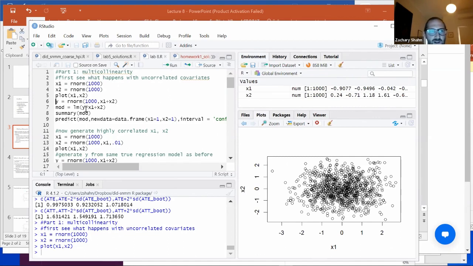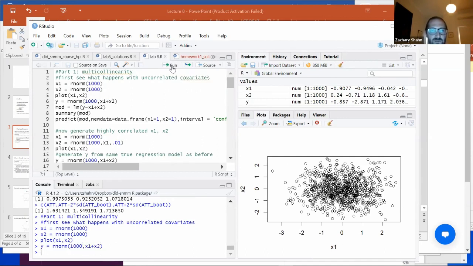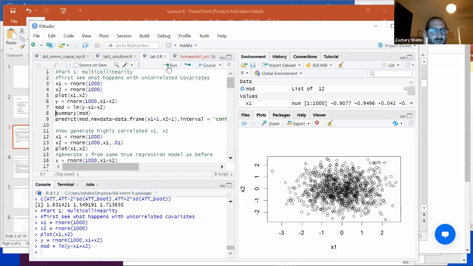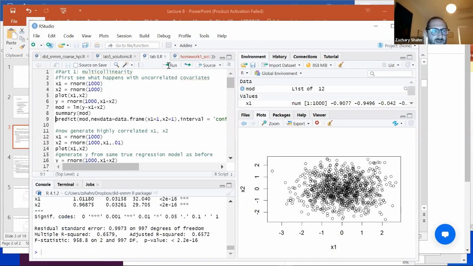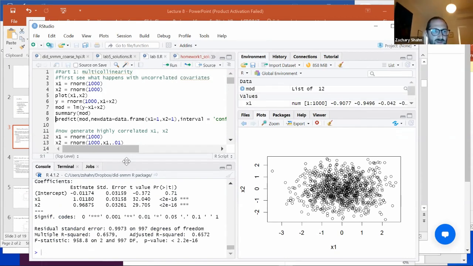And then we'll generate y from a regression model, basically with coefficients 1 for x1 and 1 for x2. And then we can fit a model for regressing y on x1 and x2. It's the correct model. We can look at the summary, and we get very close to the true coefficients, right?